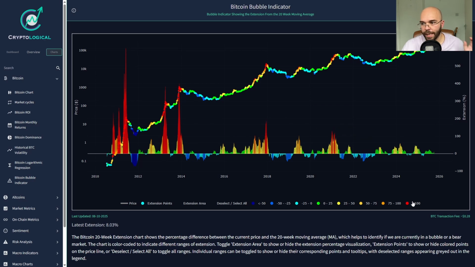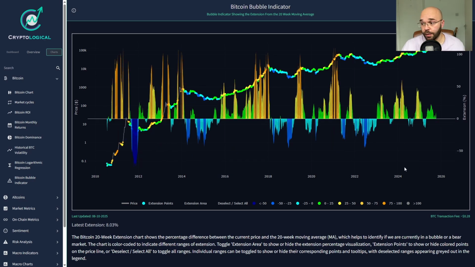But if we get rid of the higher levels of extension and then we look at the 75 to 100% and lower, we can see that diminishing returns doesn't necessarily appear to be that readily apparent at these levels. And we haven't yet flashed up into the 75 to 100% extension above the 20-week moving average. We're not there, we're just nowhere near.